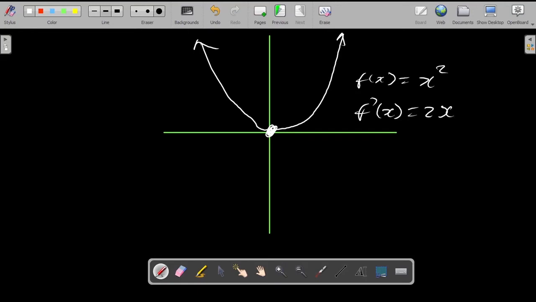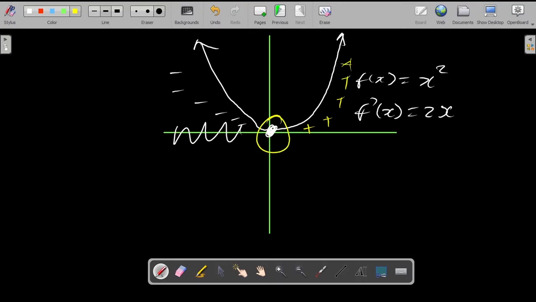So you can see that if you substitute negative values of x, you're going to get a negative value for your gradient, basically. But now if you substitute positive values, which will be on this side, then you basically expect to get a positive gradient on this side.